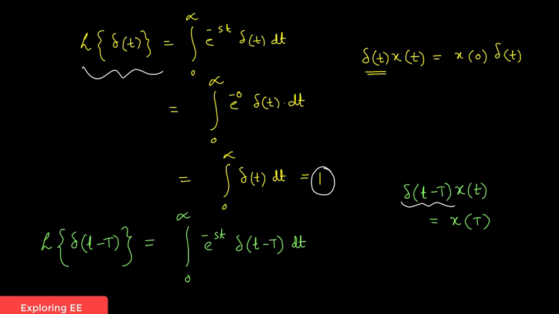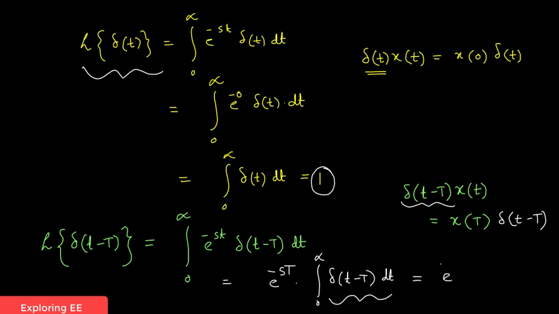Otherwise delta of t minus capital T is always 0. So the result is e to the power minus sT into the integral from 0 to infinity of delta of t minus T dt. This area is also unity, so you can write it as e to the power minus sT.